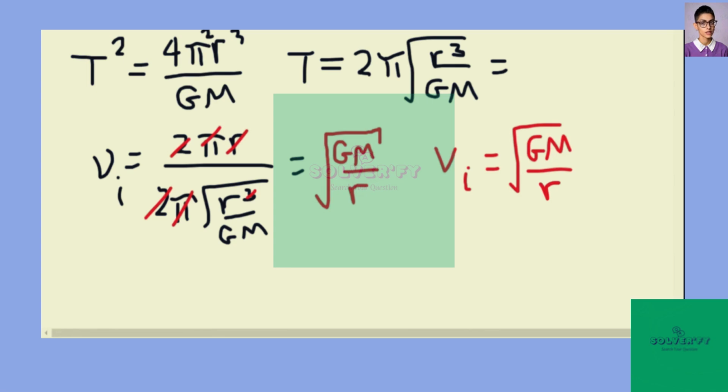Okay, let's move on to B. So the satellite breaks into two masses, m and 4m.